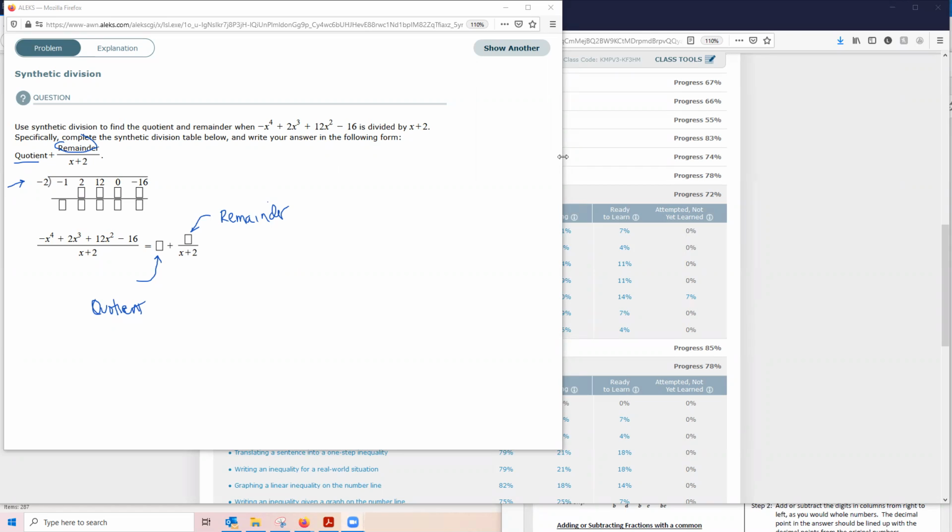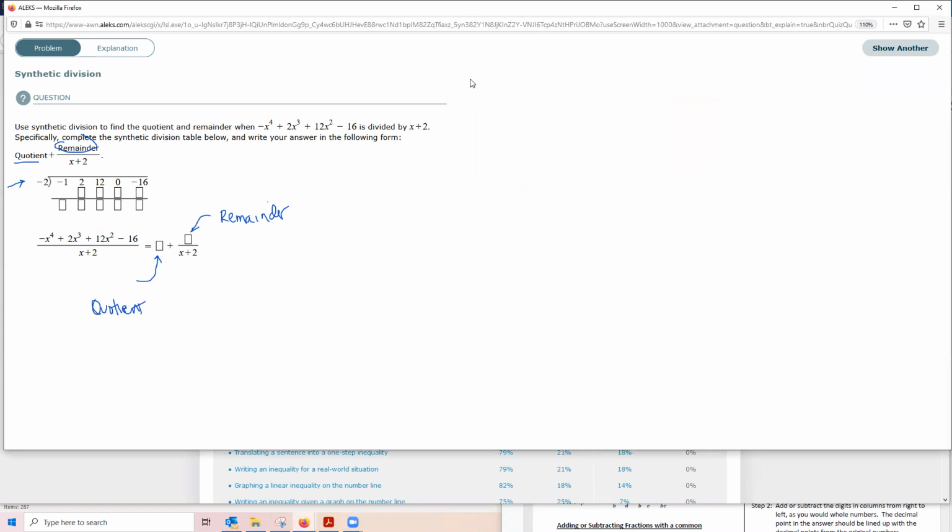Here is the setup they're giving me: -2 in front, and then they put -1, 2, 12, 0, and -60. You might say, well, where'd they come up with these numbers from? Well, here's the -1, here's the +2, here's the +12. There's really an x missing, so they put 0x, and then here's the -16. But they gave me all these numbers.